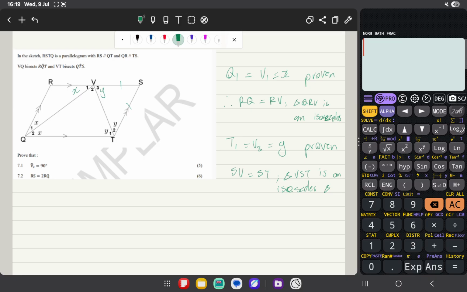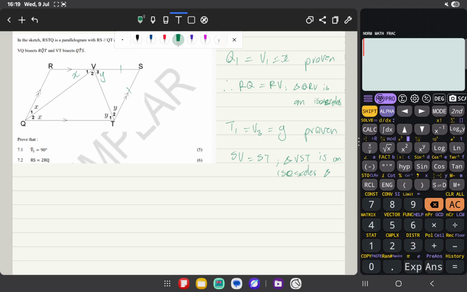Now we have everything that we need. Here's RQ, RV, they're equal. Do you see that? SV, ST, they're equal. Do you see that? So this and this, that is shown.